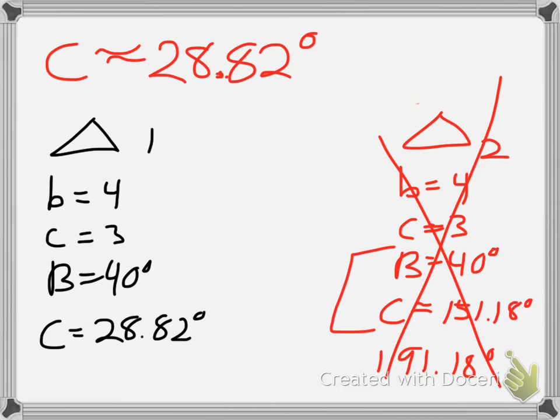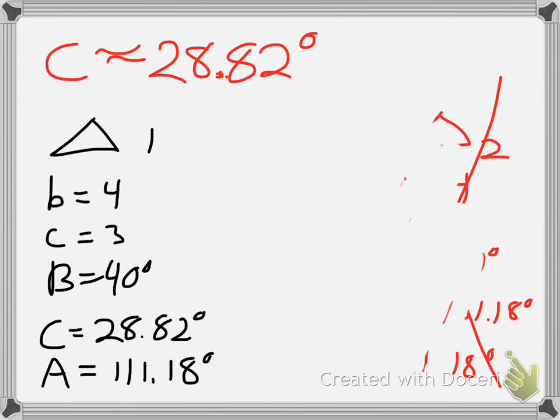So I'll add 40 and 28.82 and subtract that from 180, which means my angle A in the first triangle is about 111.18 degrees. All three of which add up to 180, so my first triangle is still good.